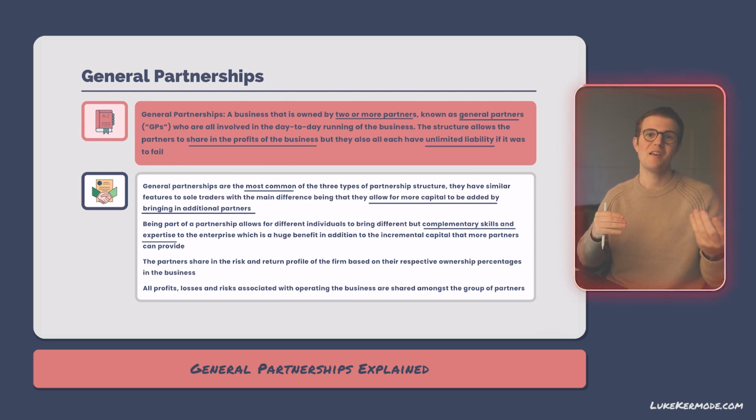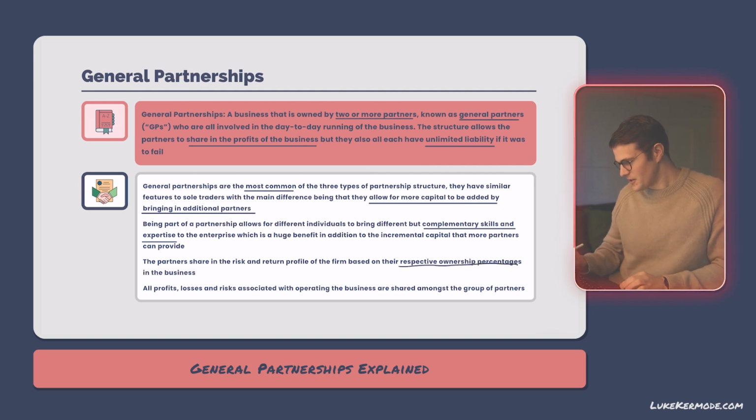So if a partner owns 50% of the partnership and the other two own 25%, then the first partner would take home 50% of the profits in one year, and the other two partners would take home 25% each. So your exposure to the risk and reward of the business is a function of how much you own.